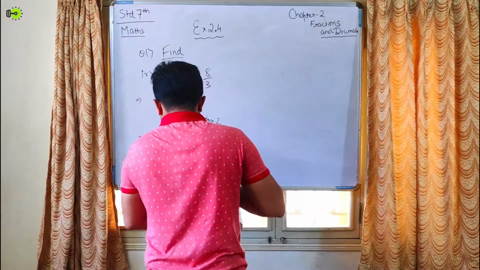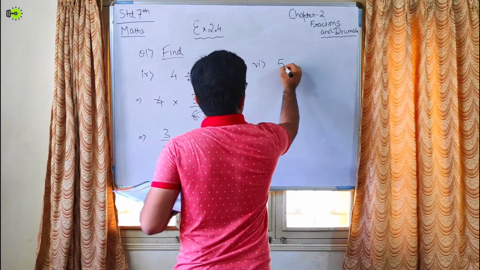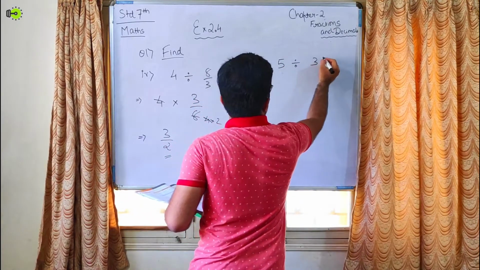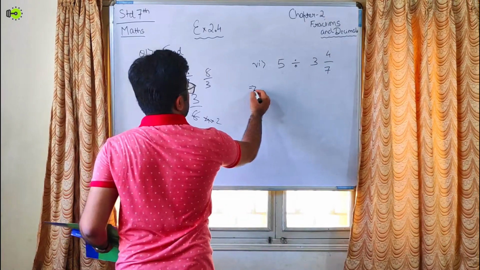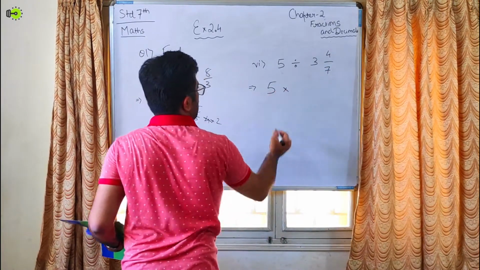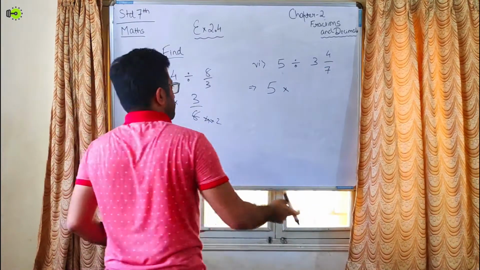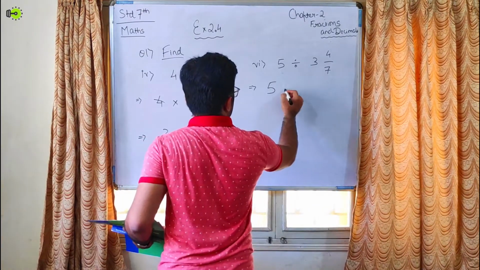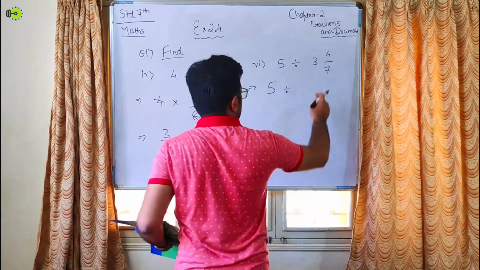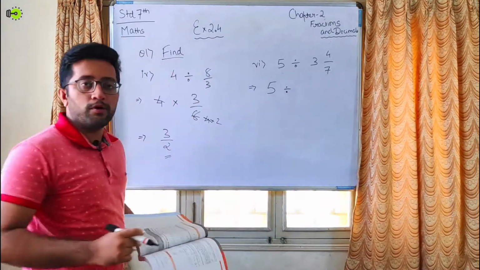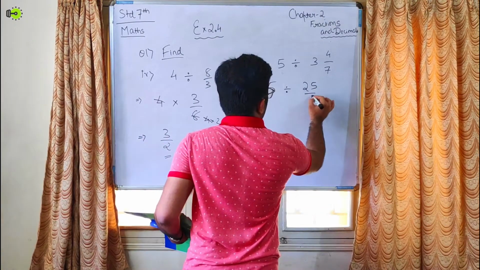Okay, similarly we can write down the sixth one, 5 divided by 3 4 upon 7. So let us solve it. 5 as it is, but first of all we will convert this mixed fraction, so no need to put the multiplication sign yet. Let us write down division and convert this mixed fraction to improper fraction, that is 7 threes are 21 and 21 plus 4 will be 25 upon 7.